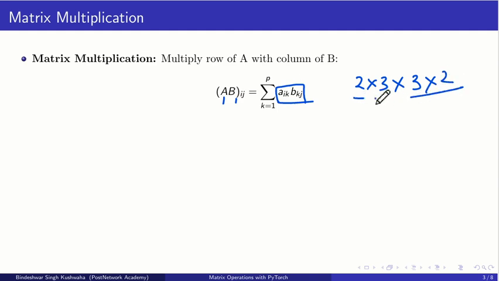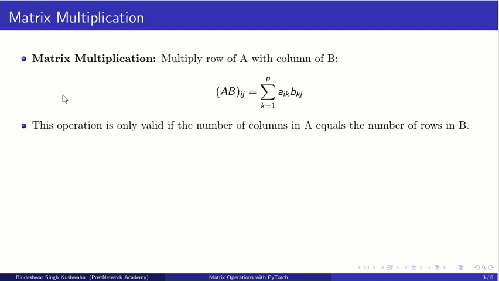So the final dimension would be 2 cross 2. That means the number of columns of the first matrix must be equal to the number of rows of the second matrix. Then the operation will be defined. This operation is only valid if the number of columns in A equals the number of rows in B, as I have explained to you.